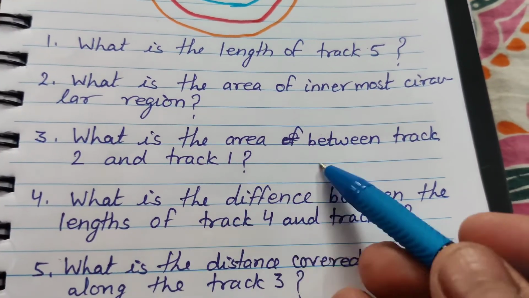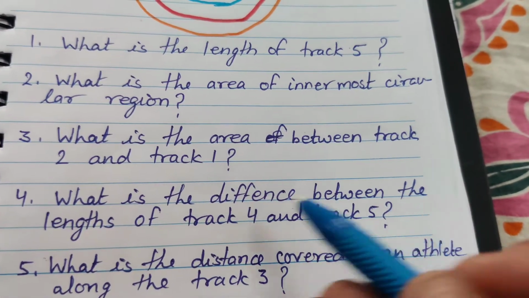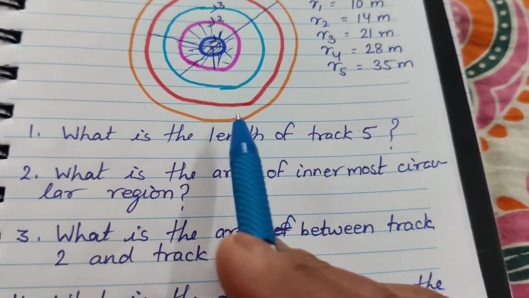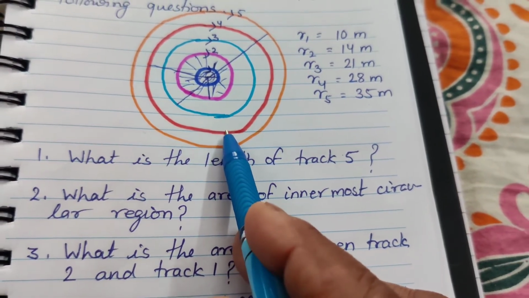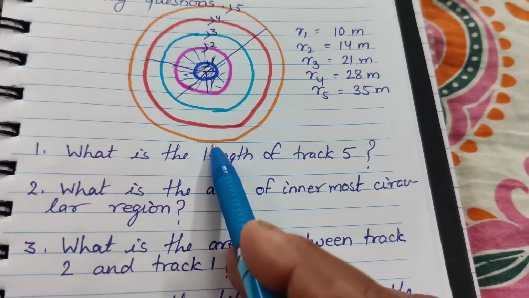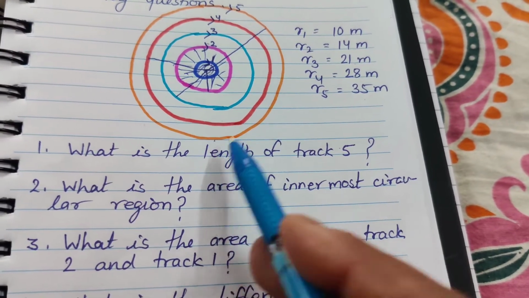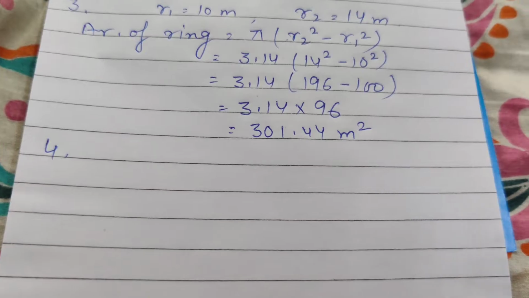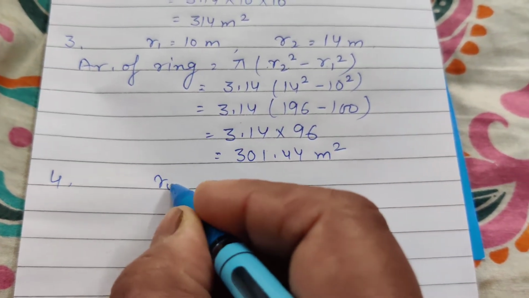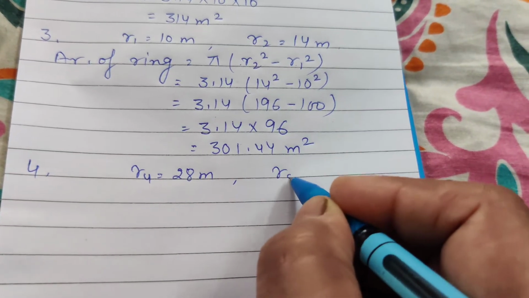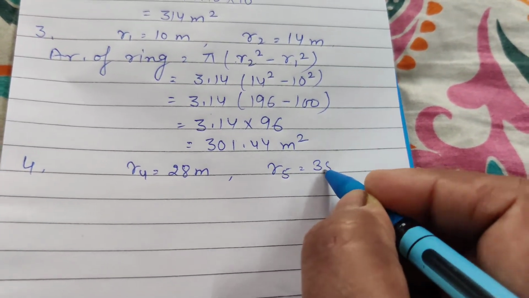Question number 4. What is the difference between the length of the track 4 and track 5? It means circumference of 4th track and circumference of 5th track. R4 equals 28 meter and R5 equals 35 meter.